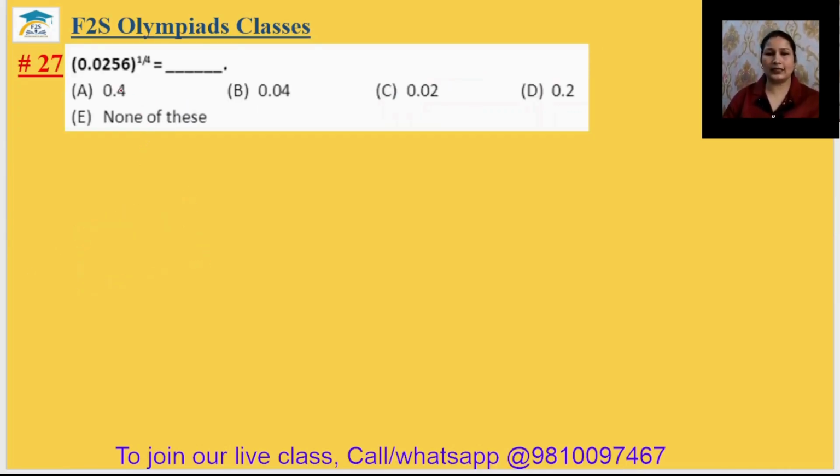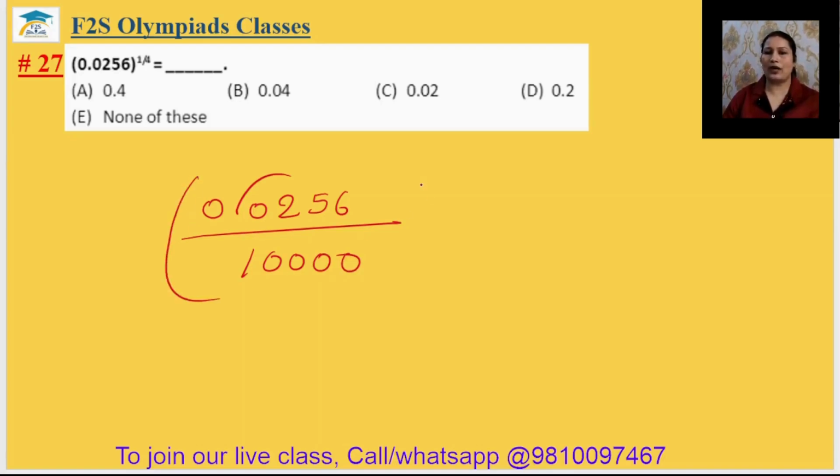Question number 27. This upon 1 by 4 it is. Okay. So we can write 0.0256. If we convert the decimal, I can write it as 256 upon 10000, to the power 1 by 4. 256 can be written as a power of 4.